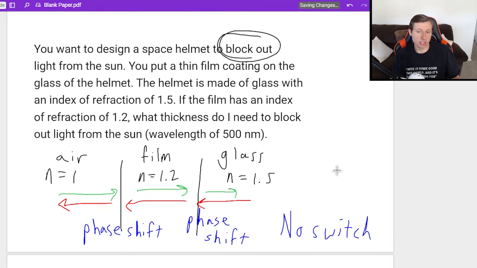It's either 2 phase shifts, which means no switch, or it's no phase shifts, which is still no switch. And the same is true if there was 1 phase shift. It doesn't matter which way you go, so you can mess up that and still get the right answer. But you need to remember 1 phase shift is a switch. No phase shift or 2 phase shifts is no switch on the constructive and destructive interference.